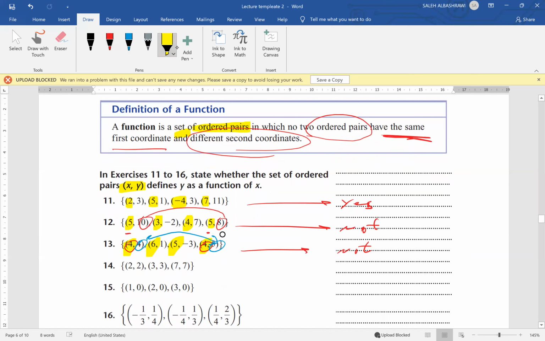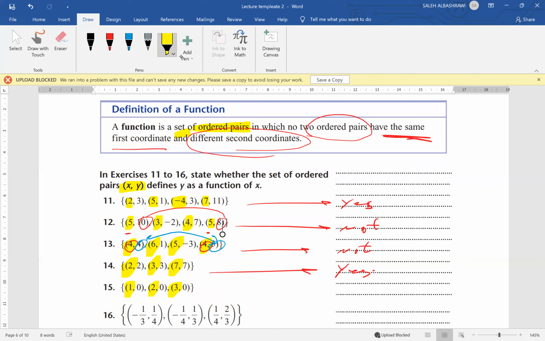Next example: I have first coordinates 2, 3, and 7. We are looking at the first coordinate only. All of them are different, so yes, it is a function. Next one: I have 1, 2, and 3.